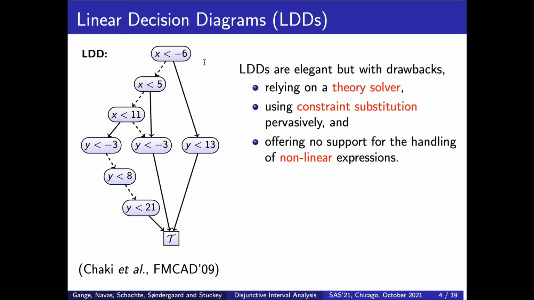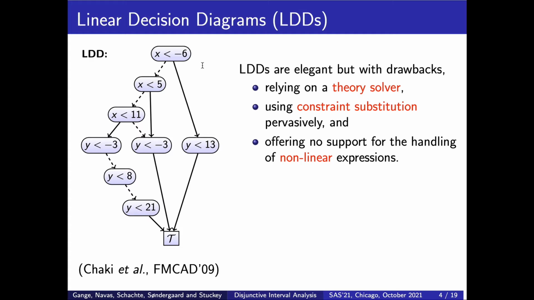So LDDs are quite attractive, but they also have some drawbacks when used for practical analysis. For one thing, they rely on a theory solver, and that restricts the kind of constraints that they support.